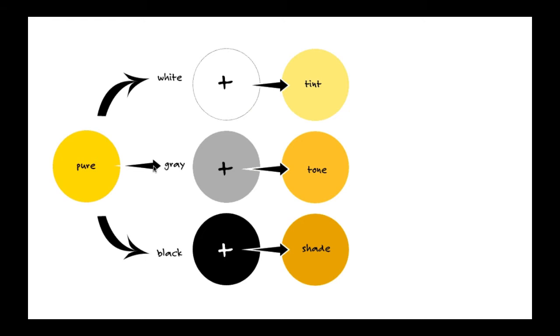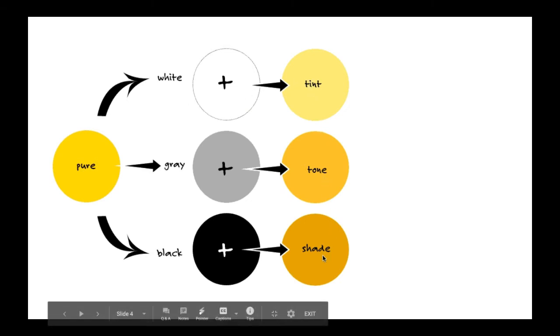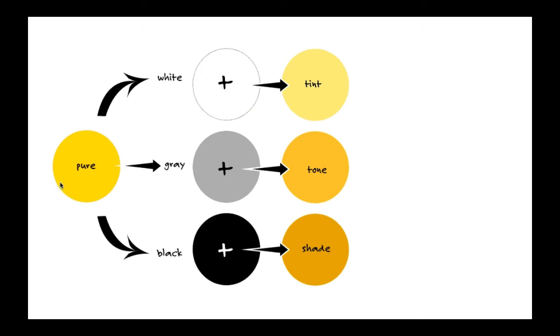All right, so the other terms that we talked about, which we need to refresh our memory on, are tints, tones, and shades. So tints, tones, and shades are ways to adjust the value of a pure color. So remember, value is just how white or how black something is.